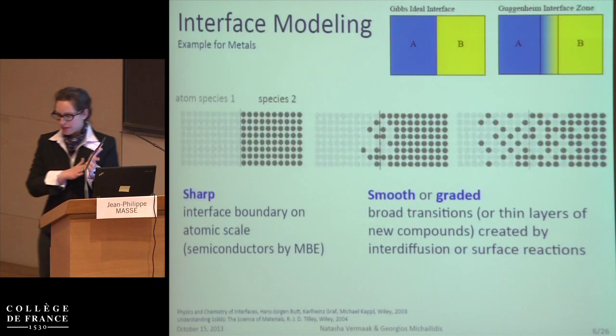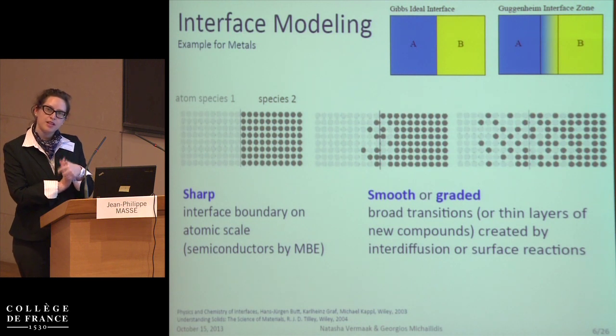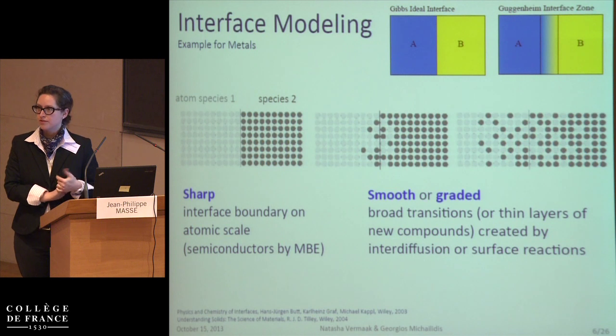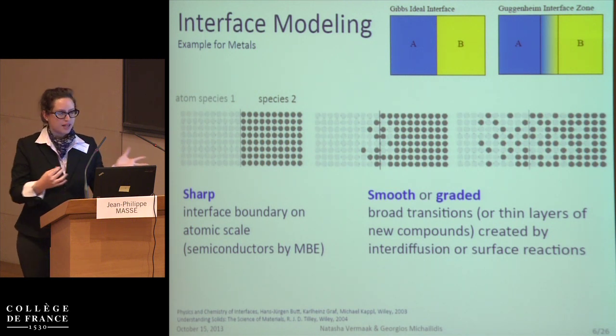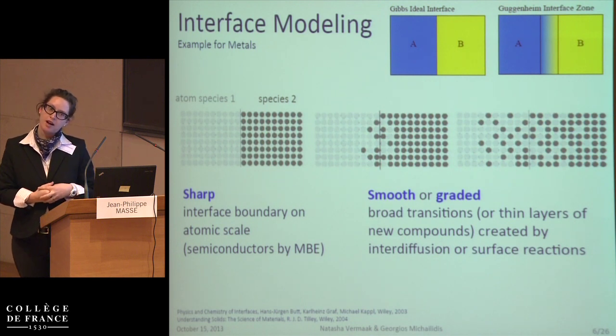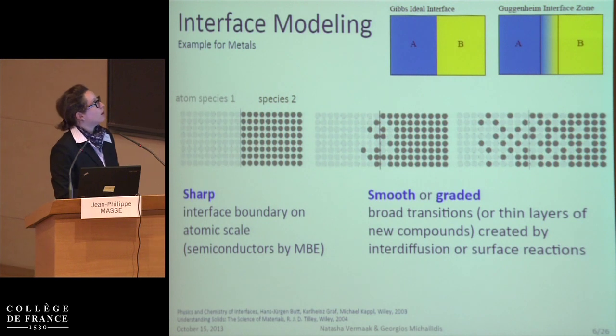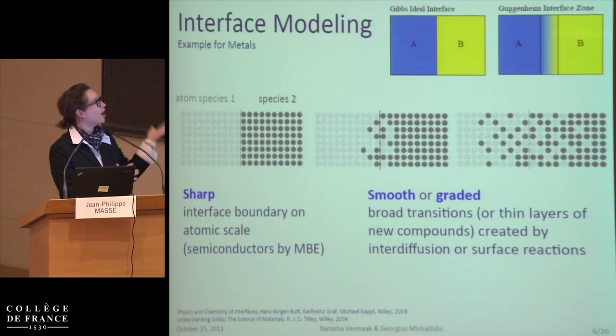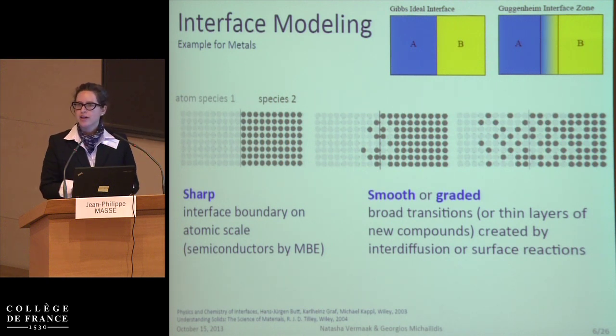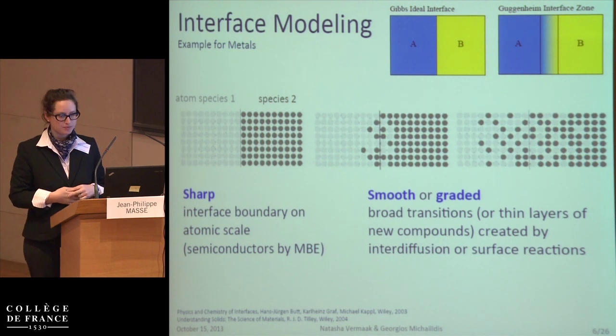So as this method allows us to track interfaces, we have a choice about how we decide to model those interfaces. For example, if we just look at metals, we can understand by interface many different things. For something like in semiconductors, we can have sharp interfaces. At the atomic scale, we can look at the simplistic view as an either-or, a very mathematically sharp boundary.